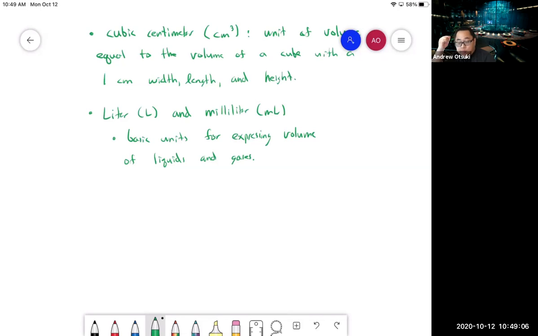The one you want to keep in mind is this: 1 centimeter cubed equals 1 milliliter.